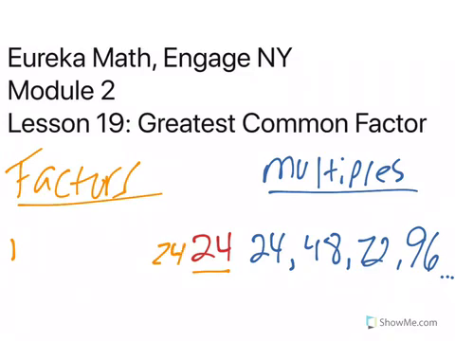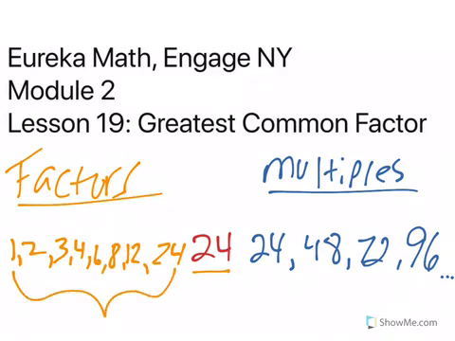So those are both factors of 24. 2 times 12 equals 24. So those are factors of 24. 3 times 8 are factors of 24, right? 3 times 8 equals 24. And 4 times 6 equals 24. So all of these numbers then are factors of 24.